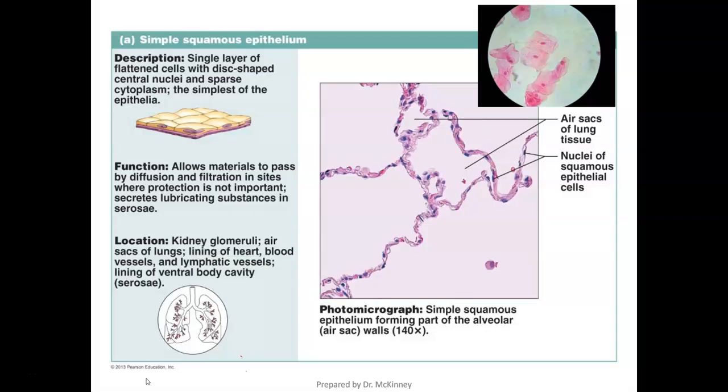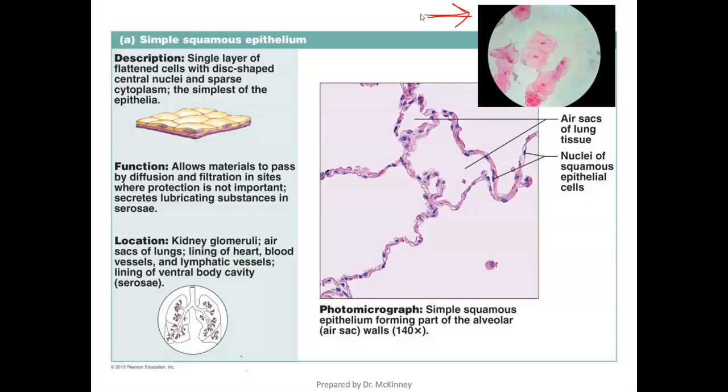So the first one here is simple squamous epithelium. Simple squamous epithelium, as its name implies, is only one cell layer, and it's made up of squamous shaped cells. So the squamous shape, if you were looking at them from above, and if you look at my little picture up here in the top right hand corner, this is a cheek smear.